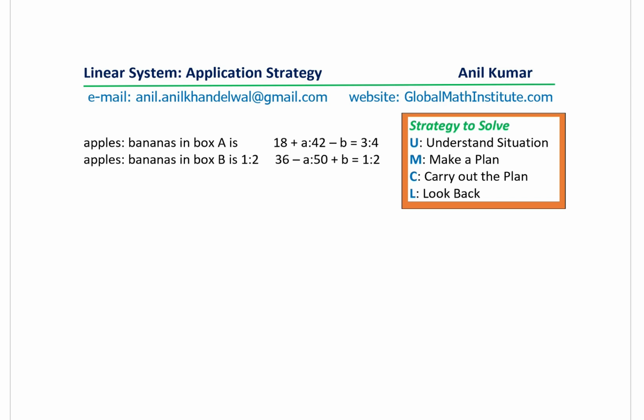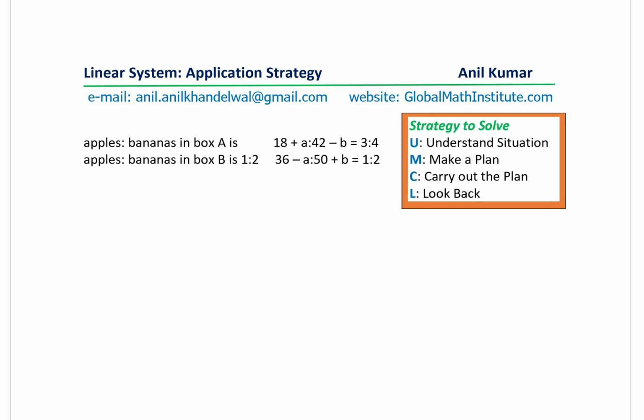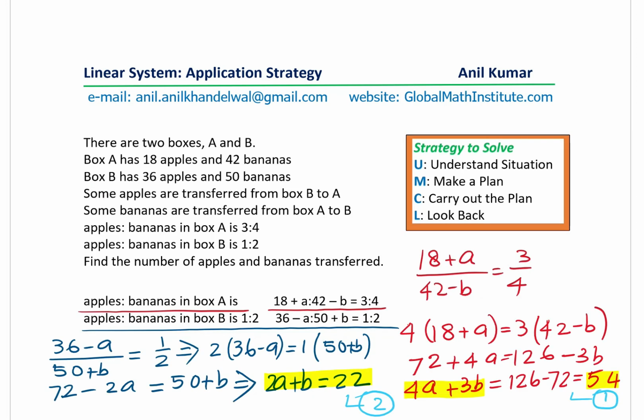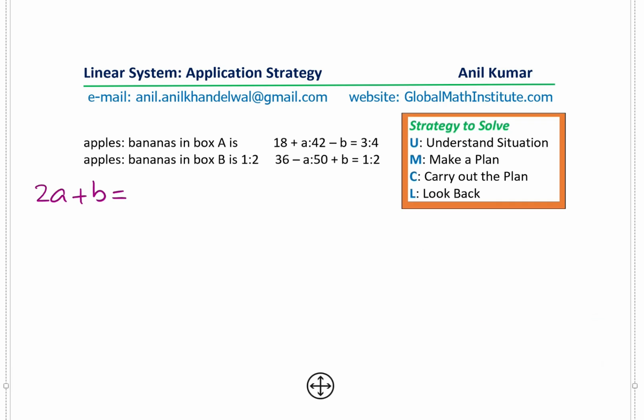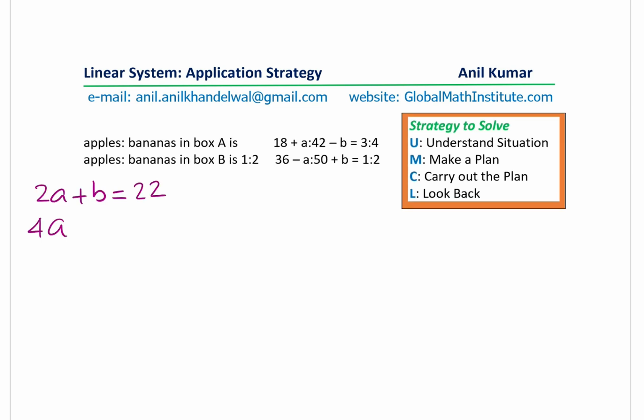So let us see how to solve these equations. Once again, let me just copy these equations. We have 2a plus b is 22 and 4a plus 3b equals 54.